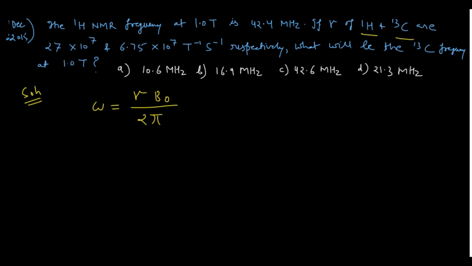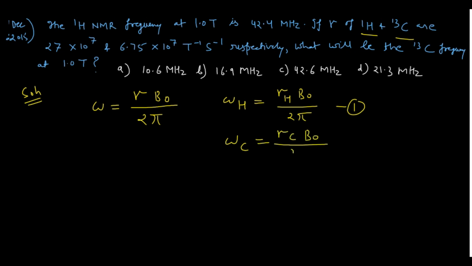So you can write omega H equals gamma of H multiplied by the magnetic field, divided by 2 pi. This is equation number 1. And then you can write omega for carbon equals gamma for carbon multiplied by the magnetic field divided by 2 pi. This is expression number 2.